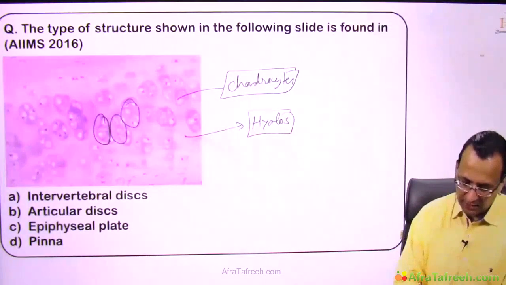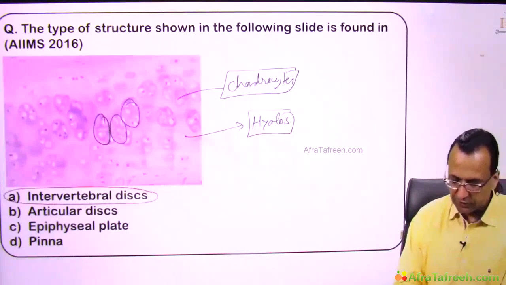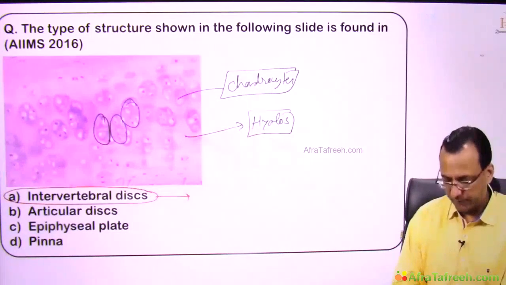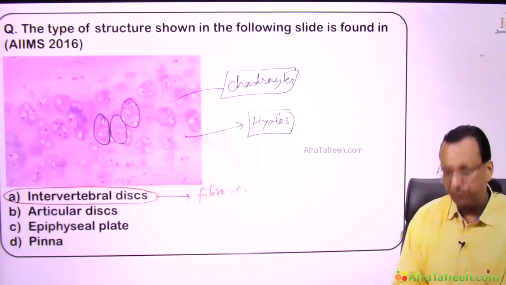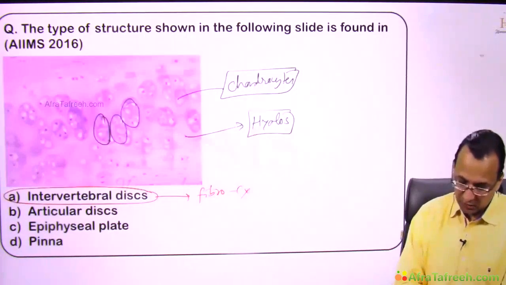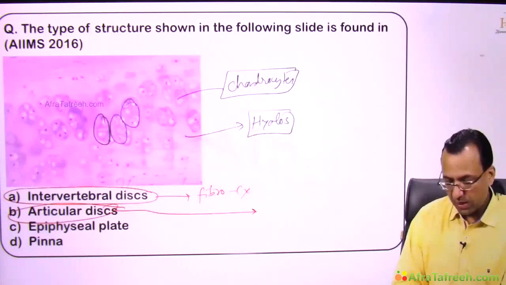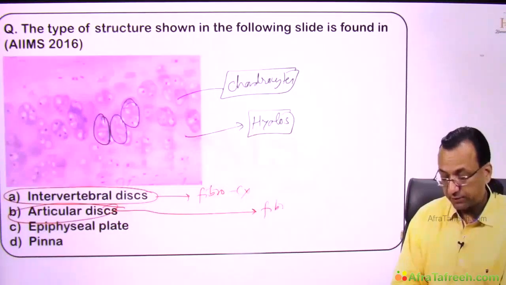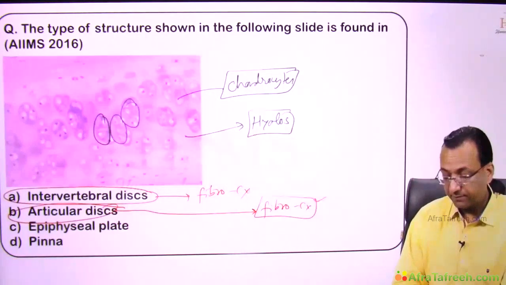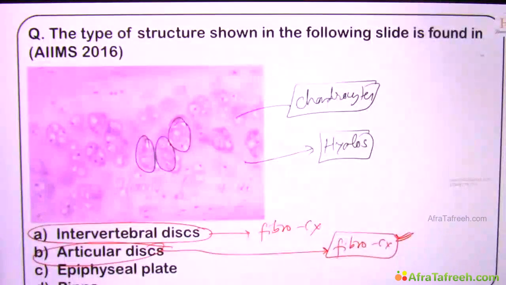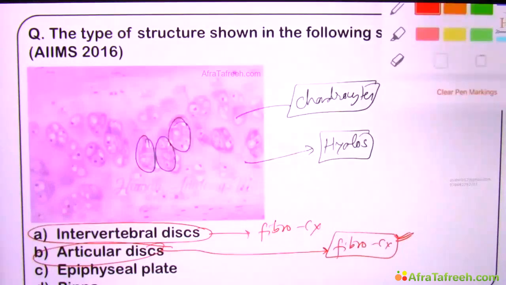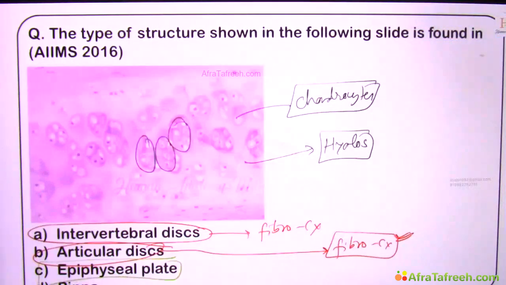If it is the intervertebral disc, it cannot be. Why? Because that is fibrocartilage. This is not fibrocartilage. So can it be an articular disc? No. Why? Because it is also fibrocartilage, like you have seen in the temporomandibular joint, sternoclavicular joint, shock absorber. Then what is the answer? The answer is obviously the epiphyseal plate. What is that?